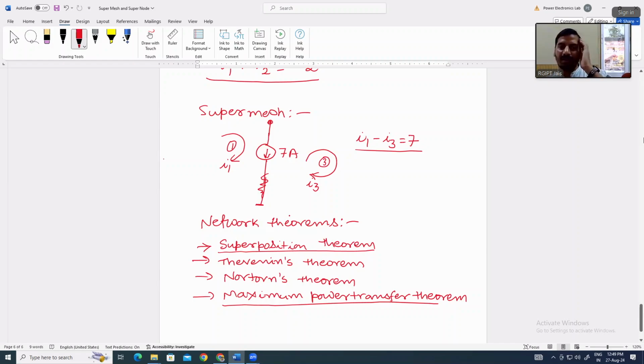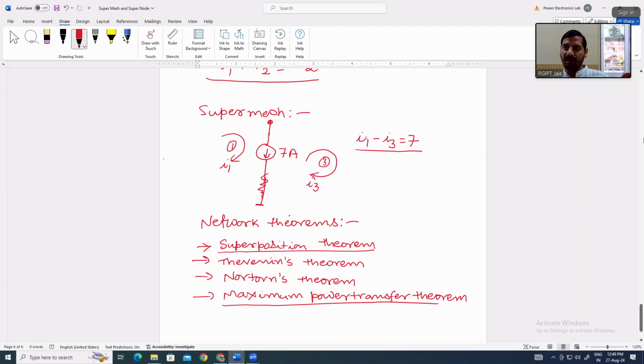Similarly, in Thevenin's theorem, if there is an open circuit anywhere, or if we have to identify the current through any element, firstly we have to remove that element and calculate the voltage across that open circuited terminal, and we will calculate the equivalent impedance across the terminal.